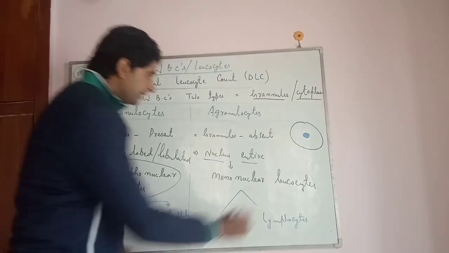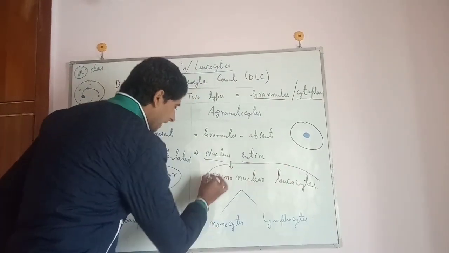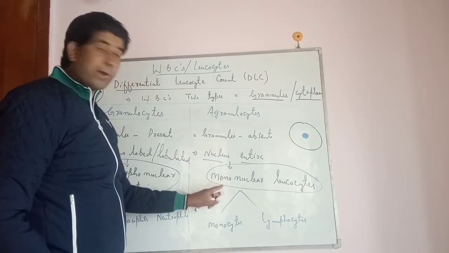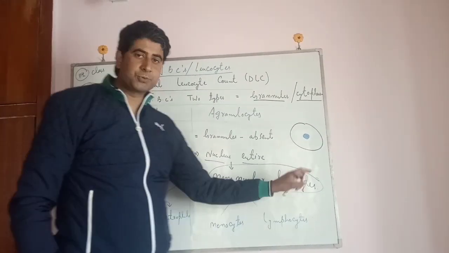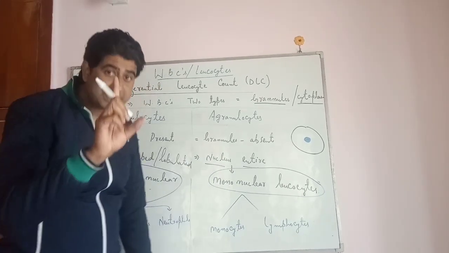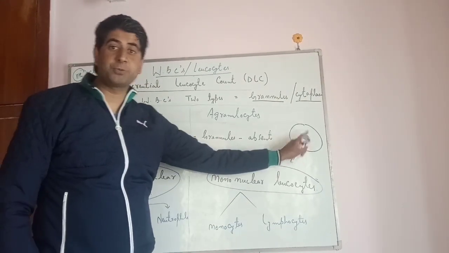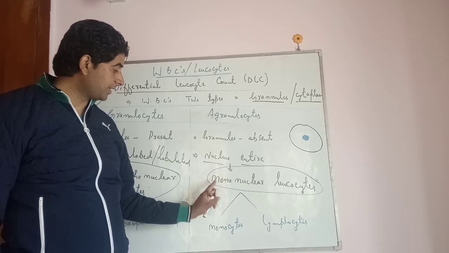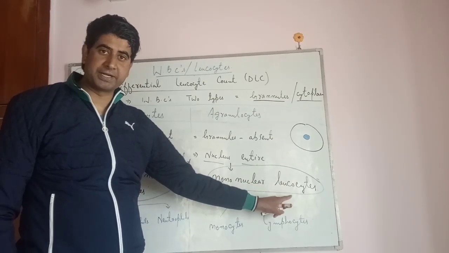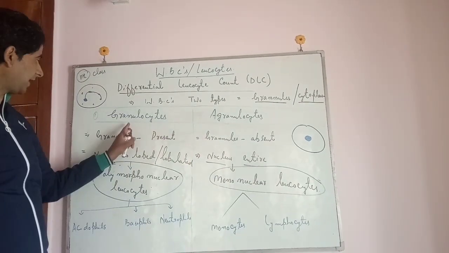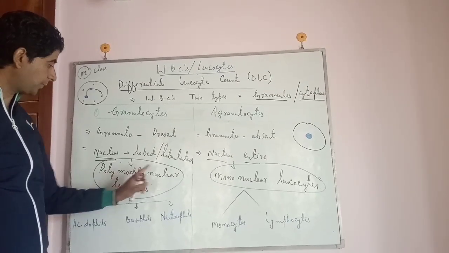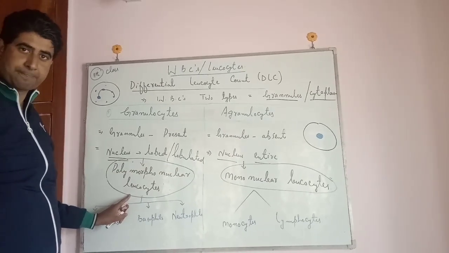So that is why these agranulocytes have been termed as mononuclear leukocytes. मोनो का मतलब है सिंगल, यहां पे एक ही शेप होती है न्यूक्लियस की. That is why the agranulocytes are mononuclear leukocytes, while granulocytes are polymorphonuclear leukocytes.